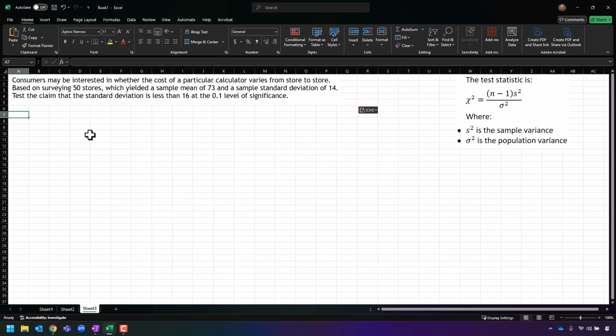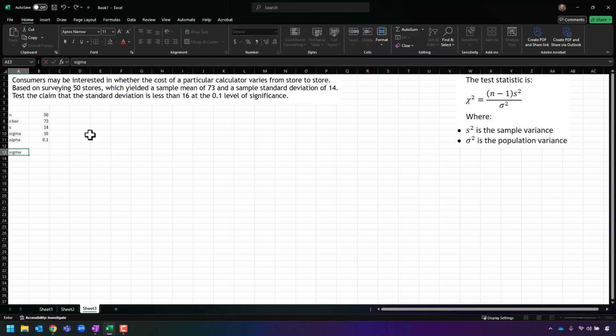Okay. We surveyed 50 stores, that's N. Yield a sample mean of 73 and a sample standard deviation of 14. And then sigma comes from the claim here. It's 16. And alpha equals 0.1.